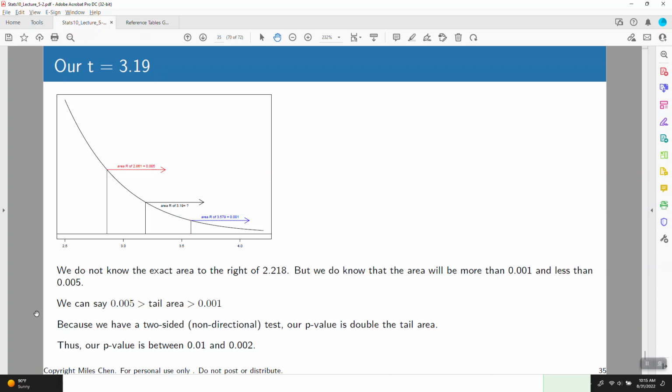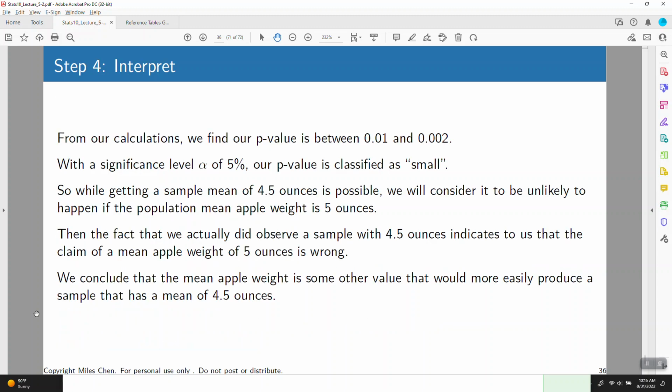Okay, so if my p-value is less than 1%, what is the conclusion I'm going to end up making? Well, I'll end up rejecting the null hypothesis, right? Our p-value is considered small. Our p-value is less than 5%, what's considered small, so we would reject the null hypothesis.